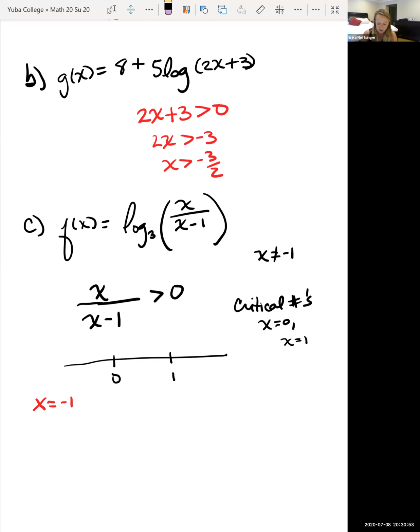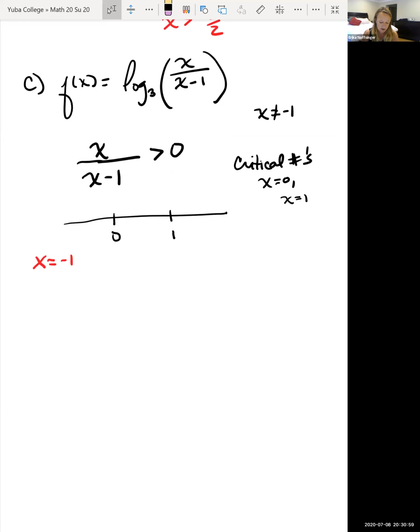Again, I'm only worried about the sign of the result. I don't care what number I get back. The sign will tell me if it's true or false. So my numerator is negative all over -1 minus 1, that's a negative. This is greater than 0. So any number to the left of 0 would be part of my solution, or part of my domain.